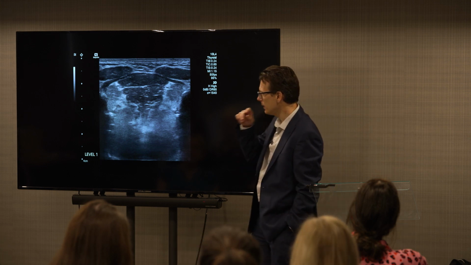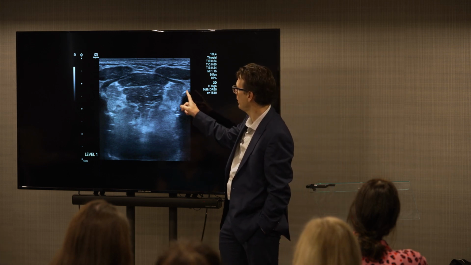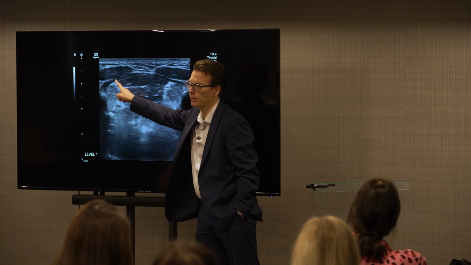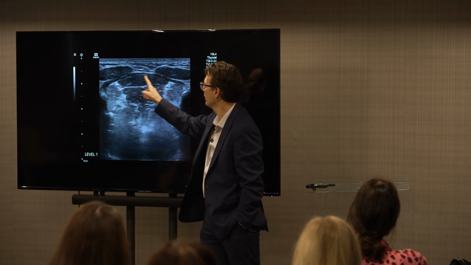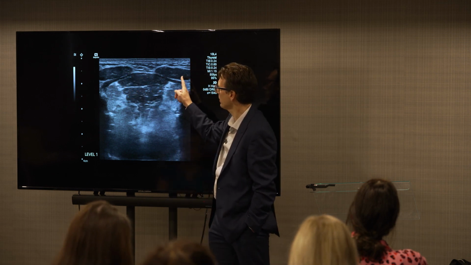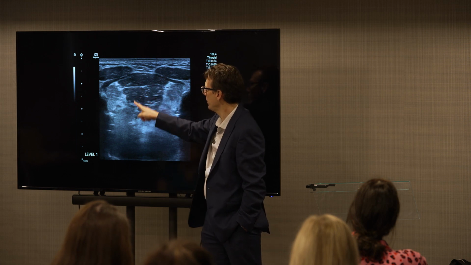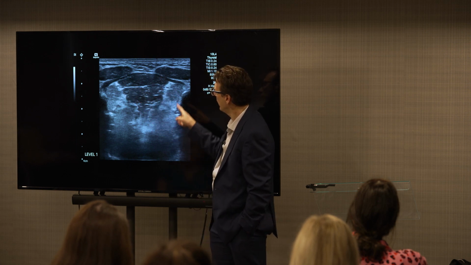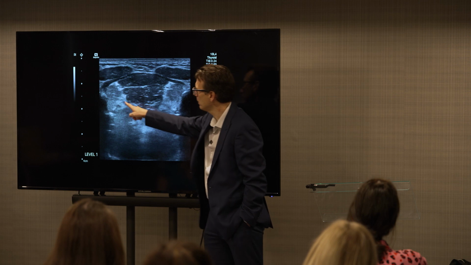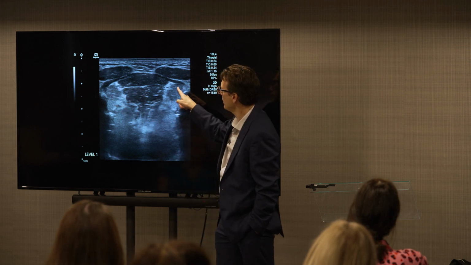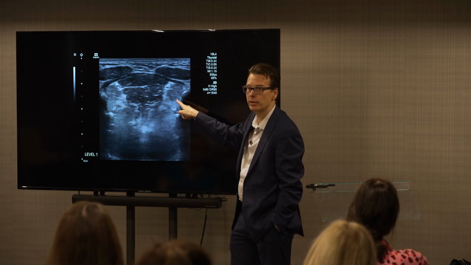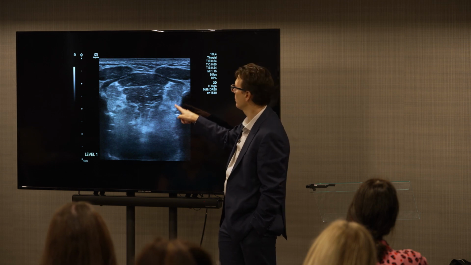So this is your typical ultrasound appearance. Here you have the mylohyoid muscle, which forms the floor of the mouth, and the anterior belly digastric muscles. Beneath that is your geniohyoid and then your genioglossus muscles. And either side of that, you have your sublingual glands. You want to notice the very uniform echotexture of the sublingual glands.